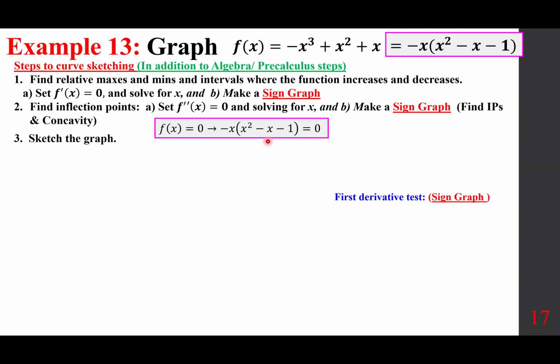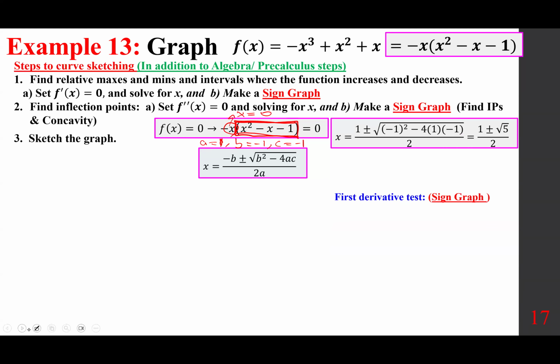quadratic formula. x equals minus b plus or minus the square root of b squared minus 4ac, over 2a. So this part means x is 0. This part means a is 1, b is -1, c is -1. So you plug in.